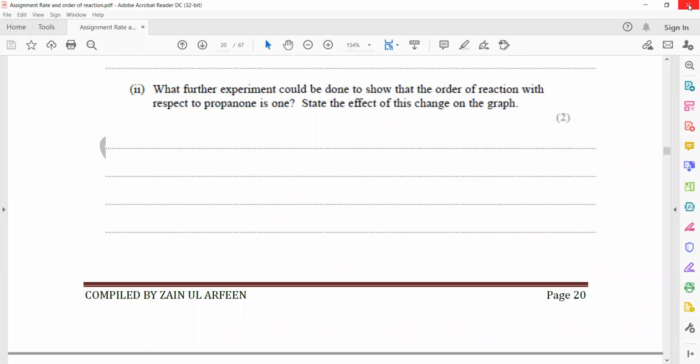What further experiment could be done to show that the order of the reaction with respect to propanol is 1, and state the effect of this change on the graph?